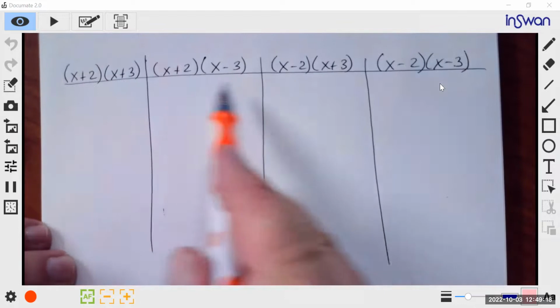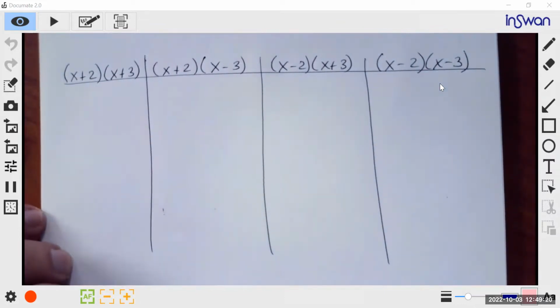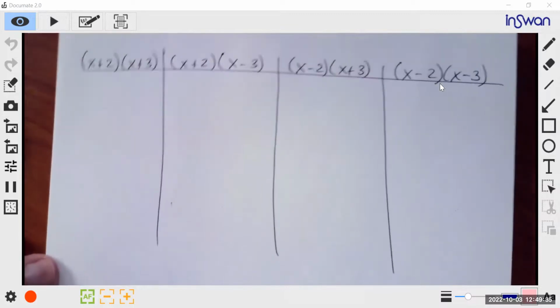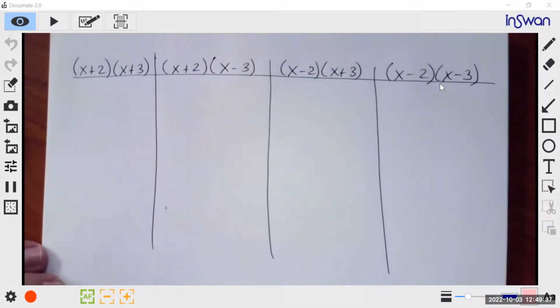We have x and 2 in the first parenthesis, x and 3. The only thing that changes are the signs. You could just fold the piece of paper. Find the middle. So go ahead and work these out.